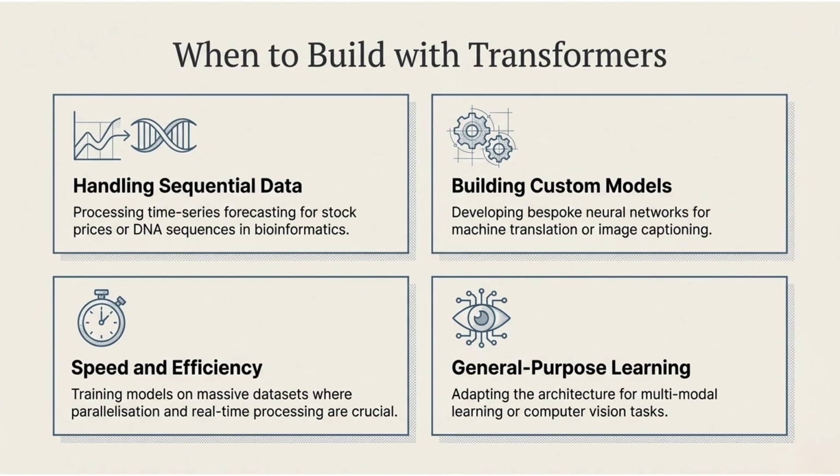They are also widely used to build custom AI models for tasks like translation, image captioning, or summarization. Because of their flexibility, transformers support general purpose learning across different domains. Today, they power many modern AI systems in language, vision, and multimodal applications.